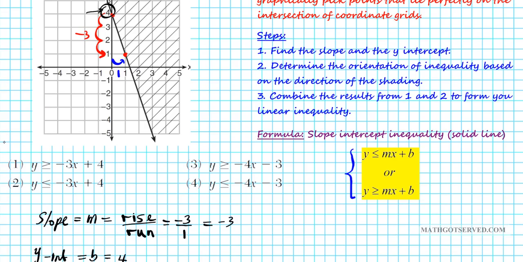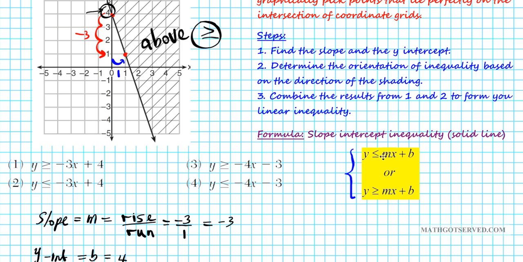What's being shaded here is the shading above the line. Okay, think about this as a roof in a house. This shading is above. So what does above mean? Above means greater than. And since the line is solid, it's going to be equal to. Okay, so the inequality symbol we're using is greater than or equal to.